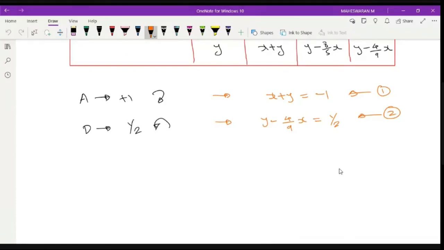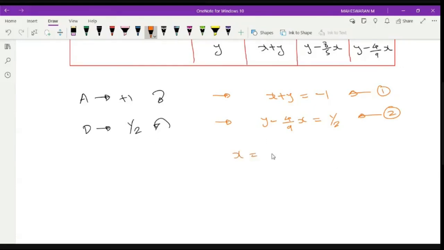That completes this. Similarly, you have to do the other one also, right? When you substitute the other one, you will get some other value, not this one.